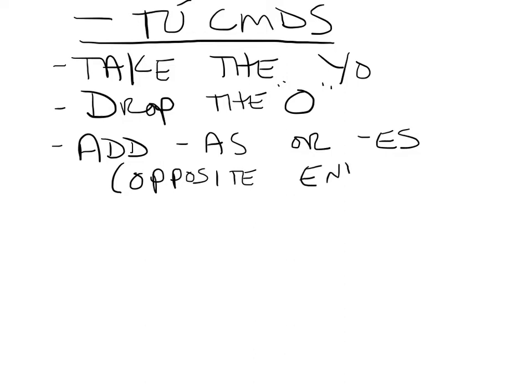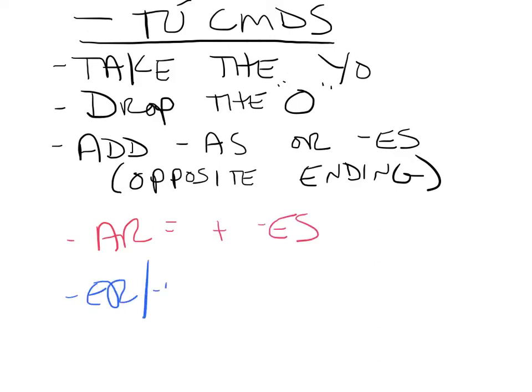So if it's an AR verb, add ES. And if it's an ER or IR verb, add AS. See what I mean? You're just going to take the opposite. So if it's an AR, we add ES. If it's ER or IR, we add AS. Okay?